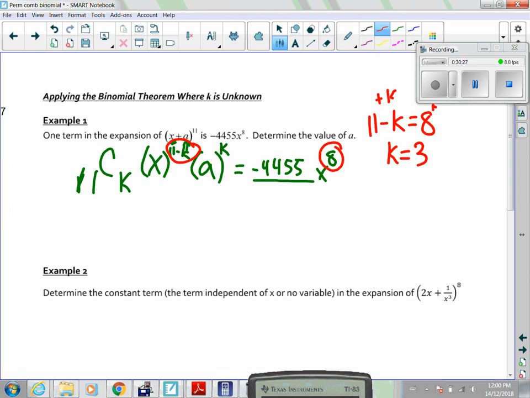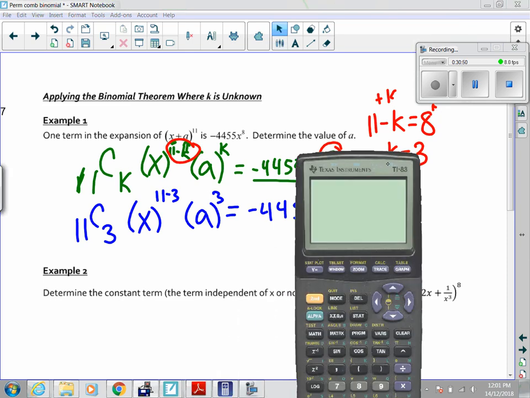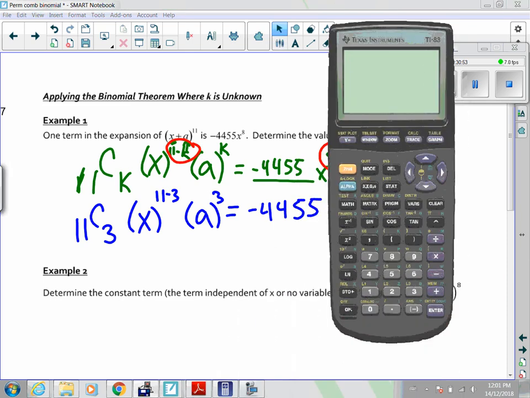So now that I know my k is 3, now I can just pop this in. 11c3 x to the 11 minus 3 a cubed is this thing. And now I can work this out. So 11c3 I need to do on my calculator. 11, math, c3 is 165.